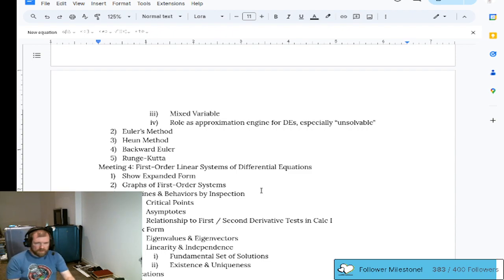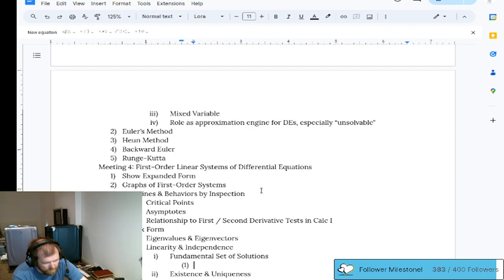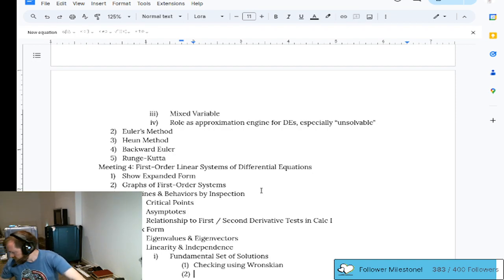Interesting. Okay. So that's our fundamental set of solutions, really. That's where that's going. So this does include the fundamental set of solutions, checking using the Wronskian.